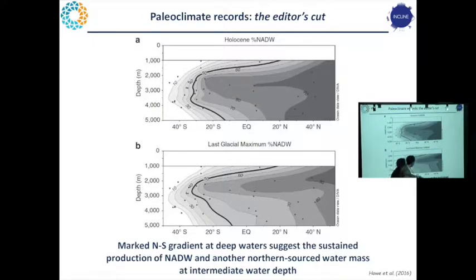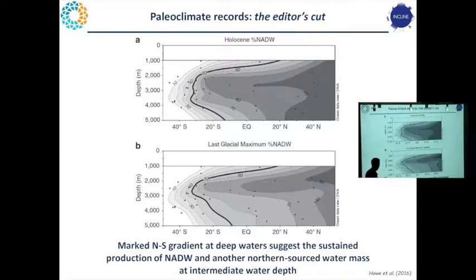For instance, at a site 20 north, 400 meters water depth, we had between 70 and 60% of North Atlantic deep water, while for the same site in the modern ocean, we have from 80 to 90% of North Atlantic deep water.